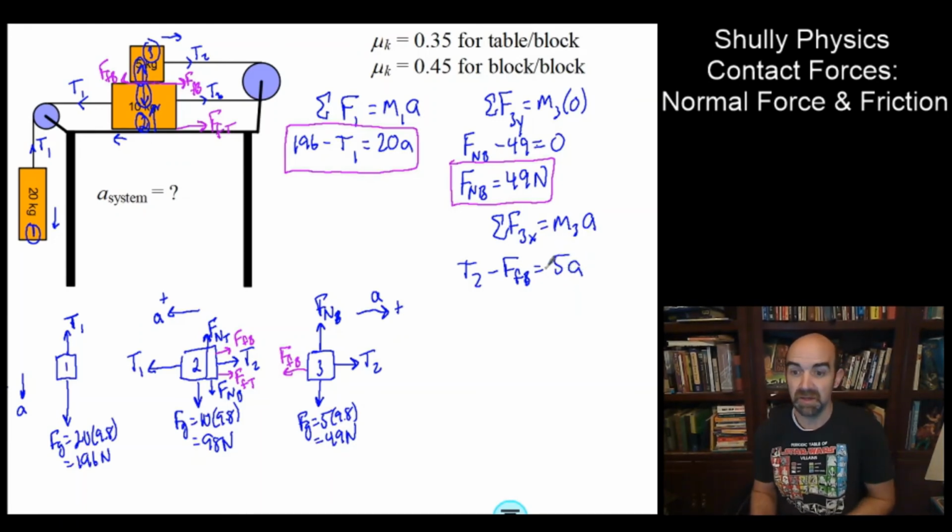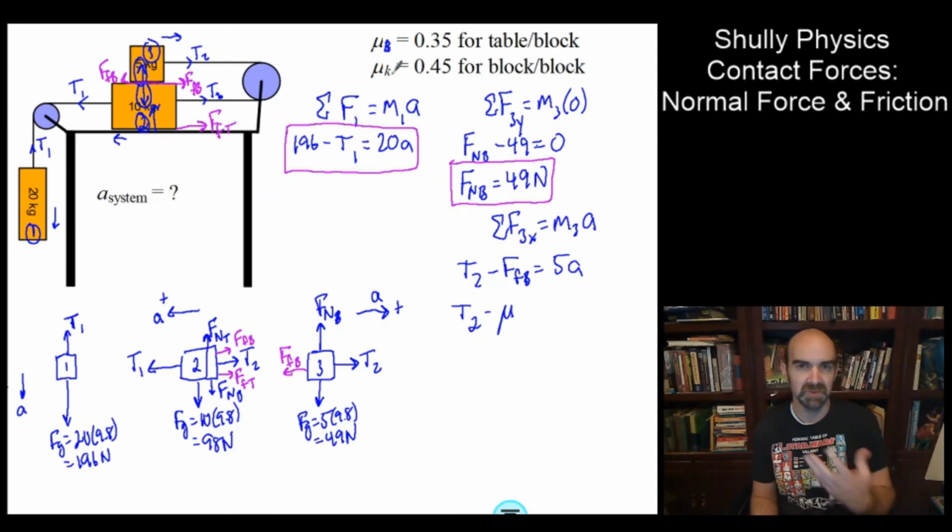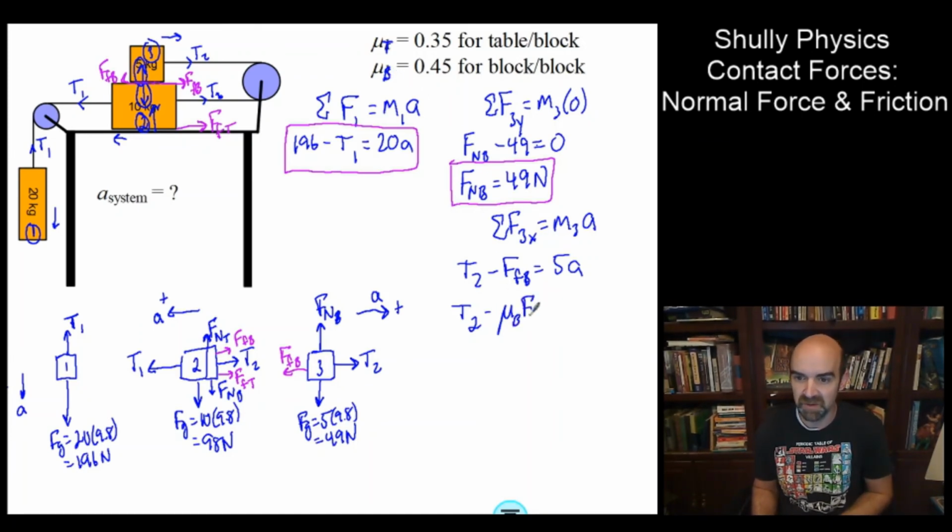All right. Now we get to a point before I leave this and have to do it later. We don't know what tension 2 is, but we're going to substitute mu of the blocks. I'm going to call this mu B. I called it mu KB before, and we're just assuming all this is kinetic friction. And I call this, oops, wrong one. That would be mu T, and this would be mu B, just to keep all the subscripts the same. So we'll call this mu B, the blocks, times FNB equals 5A.